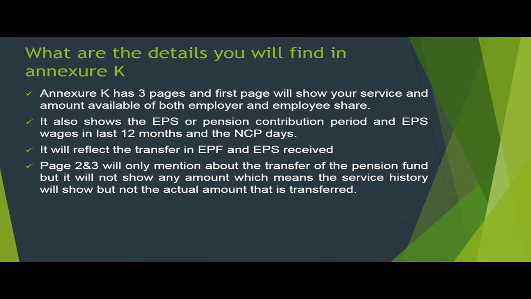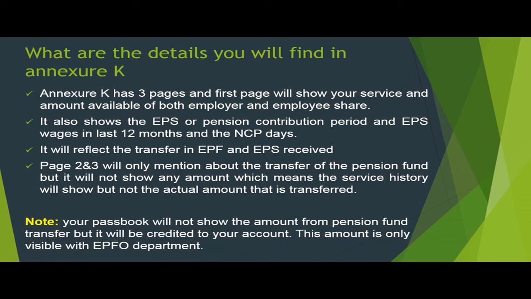Friends, you might be wondering now, what happens to this pension fund amount if it is not reflecting in the passbook? This visibility is only with the PF department, hence your passbook will not show the amount from the pension fund transfer, but it will still be credited to your account.